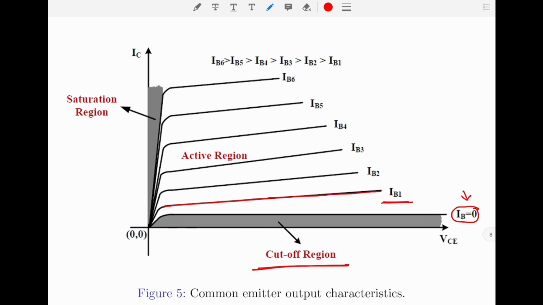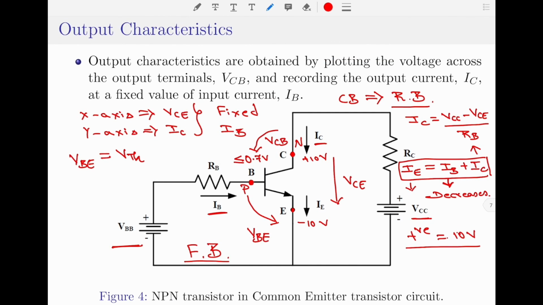So, we understand that for the common emitter configuration, increasing the voltage across the collector to emitter terminals increases the collector current in a very small order, and therefore, the characteristic curve has a slope. Coming back to the discussion, please note we have now discussed the characteristic curves for a fixed value of input current IB.